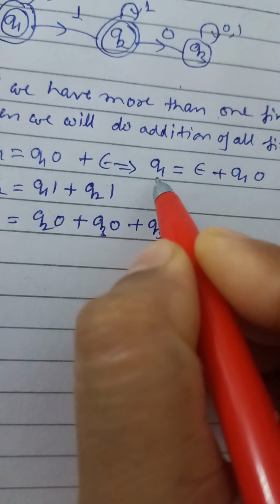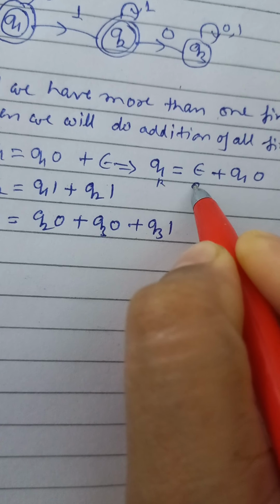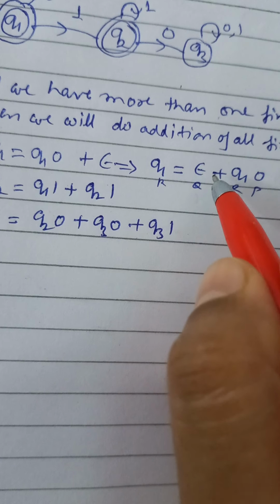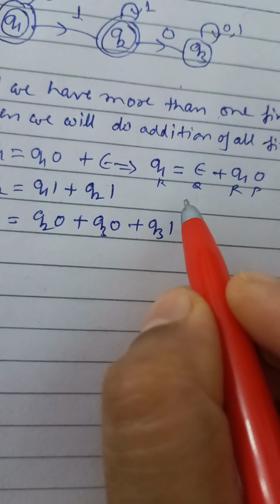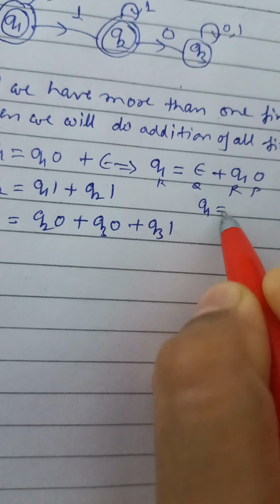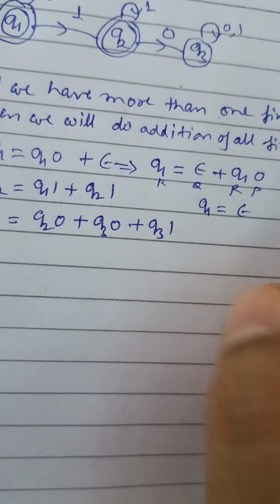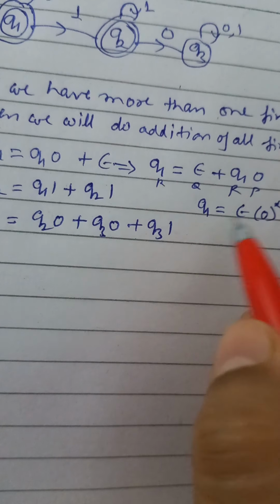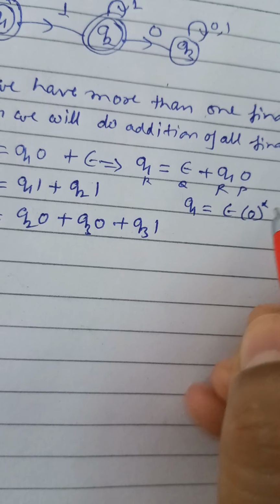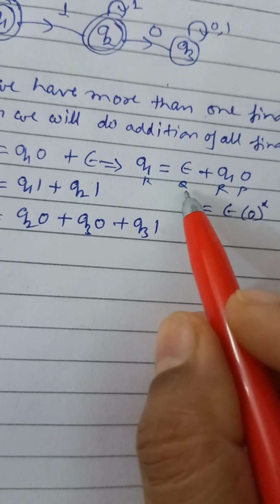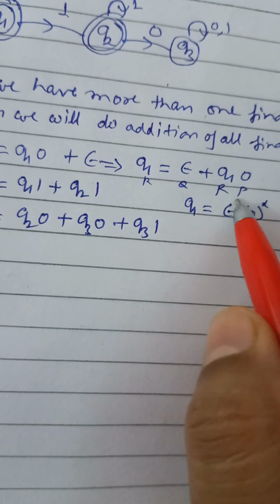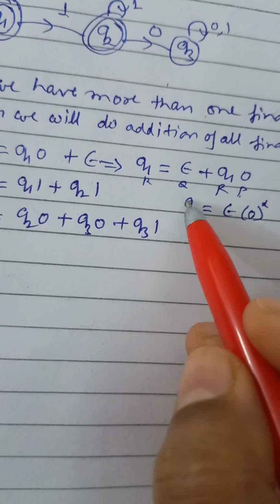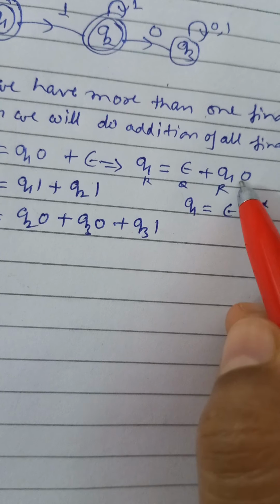So this is of the form R equals Q plus RP. So we can write Q1 is equal to epsilon 0 star, because if R is equal to Q plus RP, then R is equal to QP star from Arden's theorem.